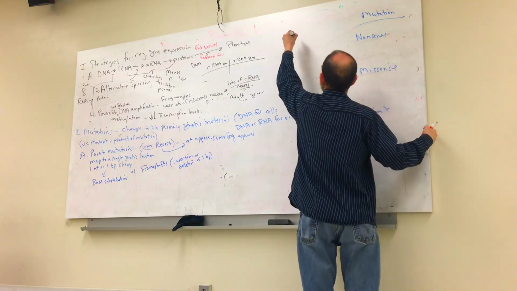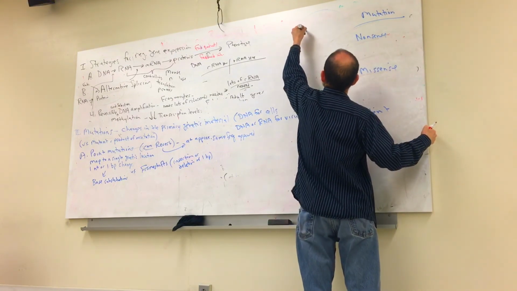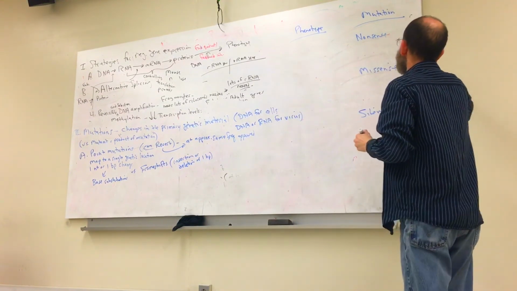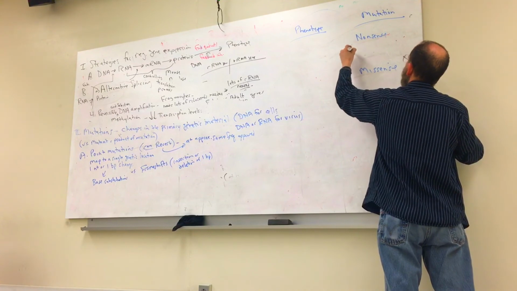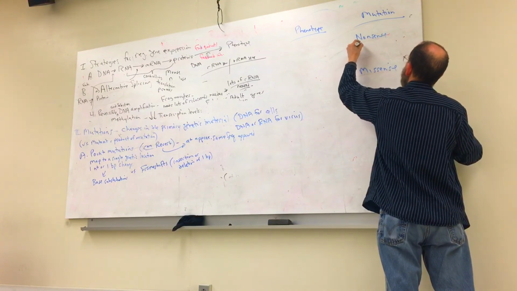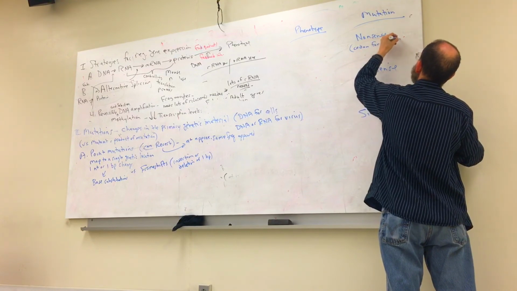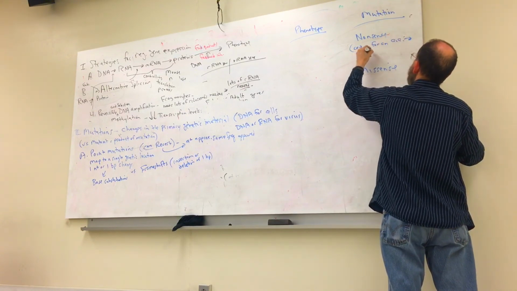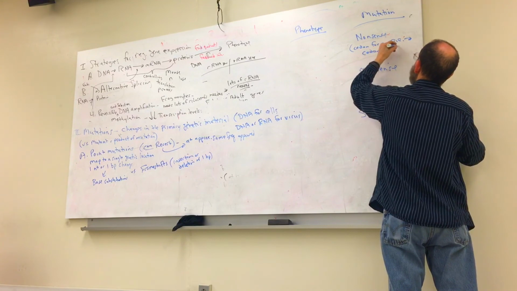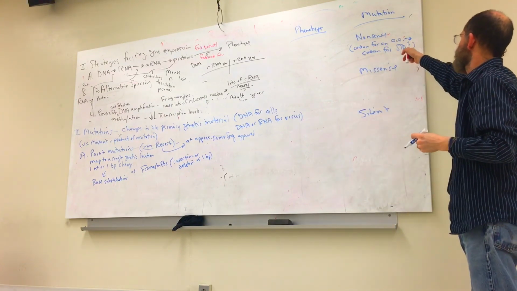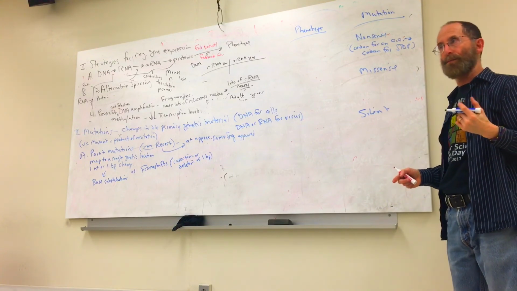And then we can talk about their effects on phenotype. So nonsense mutation is where a codon for an amino acid is changed to a codon for stop, or a stop codon. Hence the name nonsense, because the codon you get is a nonsense codon.